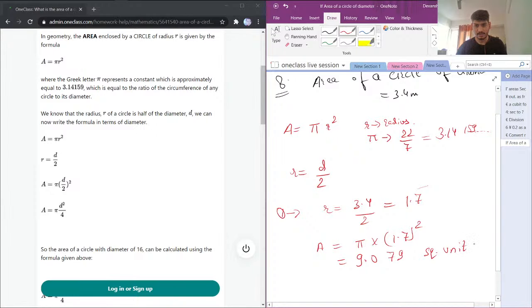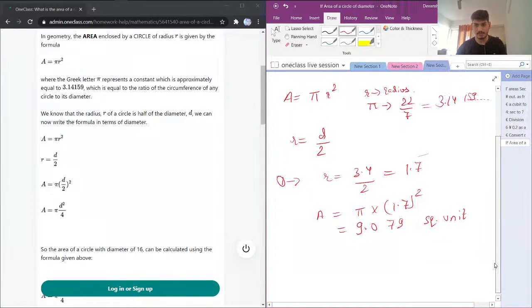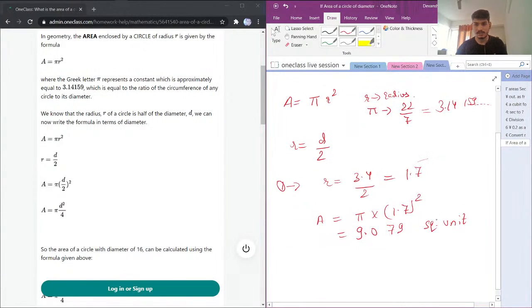We always write area as square units. The unit is given as meter, so I will write this as meter square.